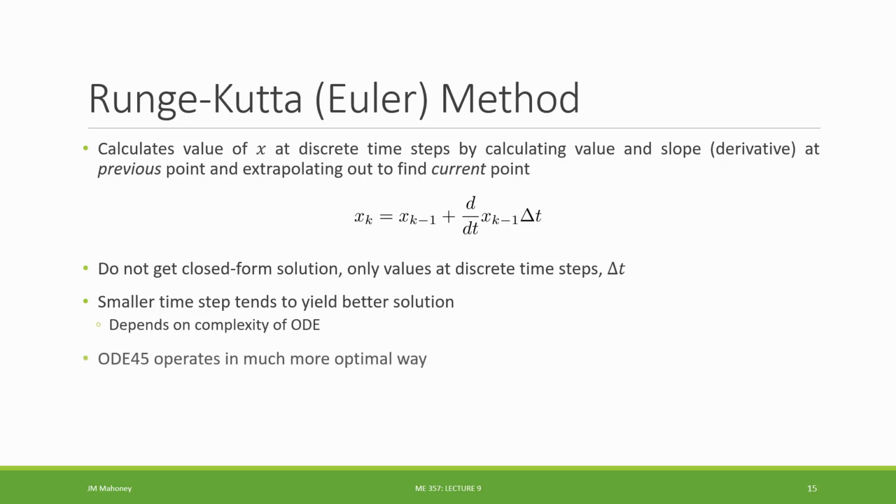Now again, this is in very broad strokes how the ODE solver is working. It's not going to be using this exact formula. Something like ODE45 operates in a much more optimal way. It is choosing the time steps, usually in an optimal way, to reduce the number of repetitions it has to do, and it's doing error checking along the way.